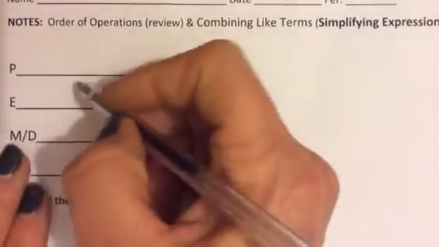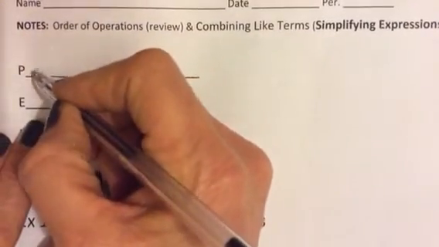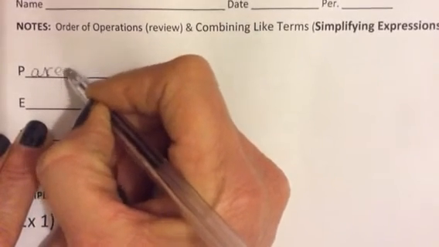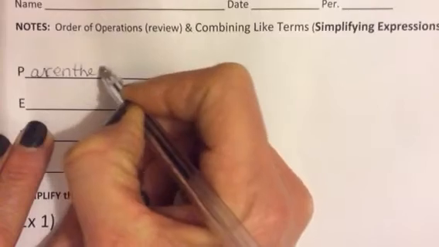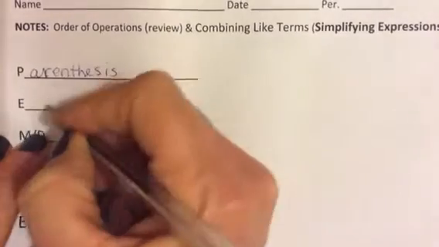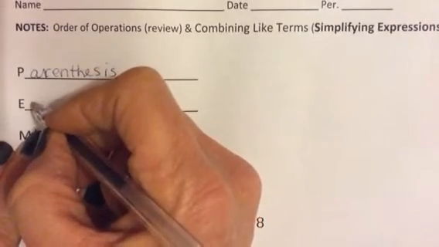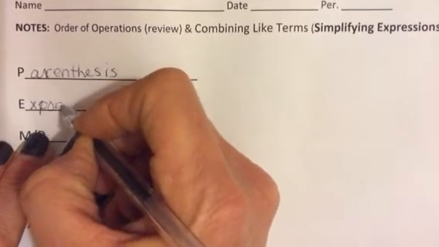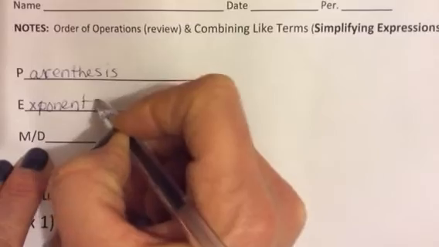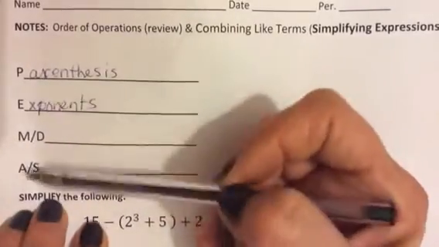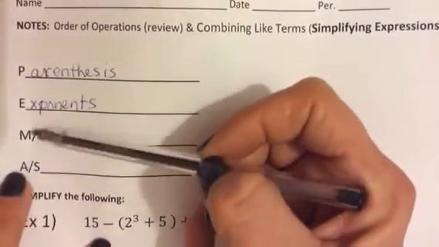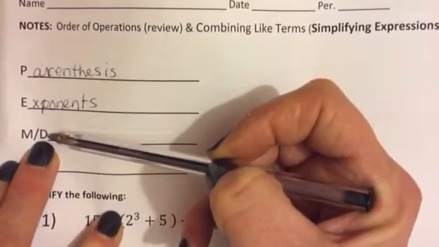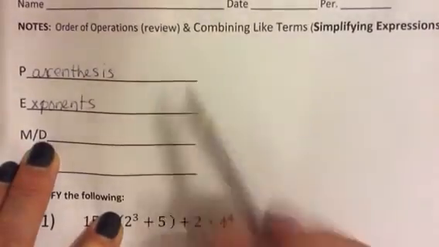Just as a little review, order of operations: P stands for parentheses, E stands for exponents. And instead of doing PEMDAS, I just do PEMA, because the M and the D, you do whichever one comes first, depending on which one's furthest to the left.